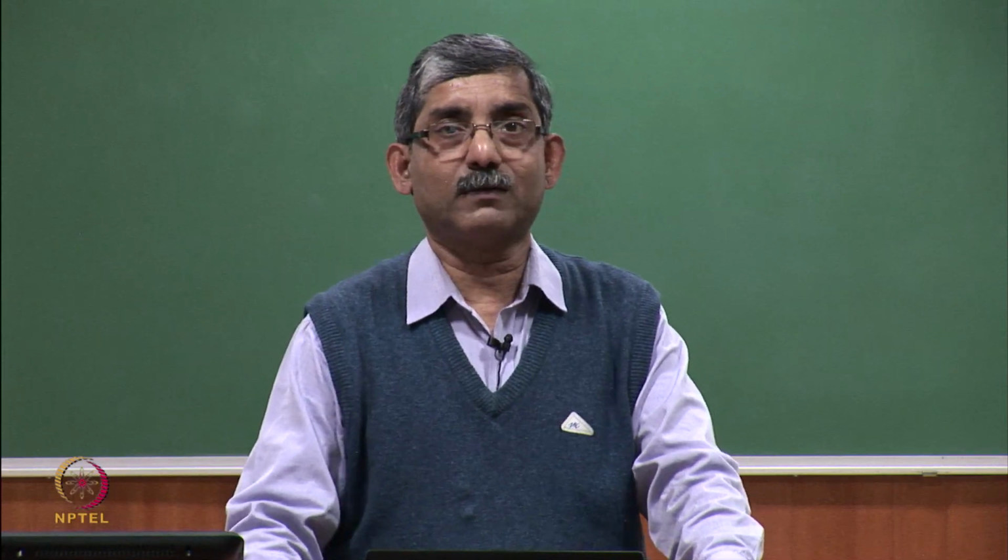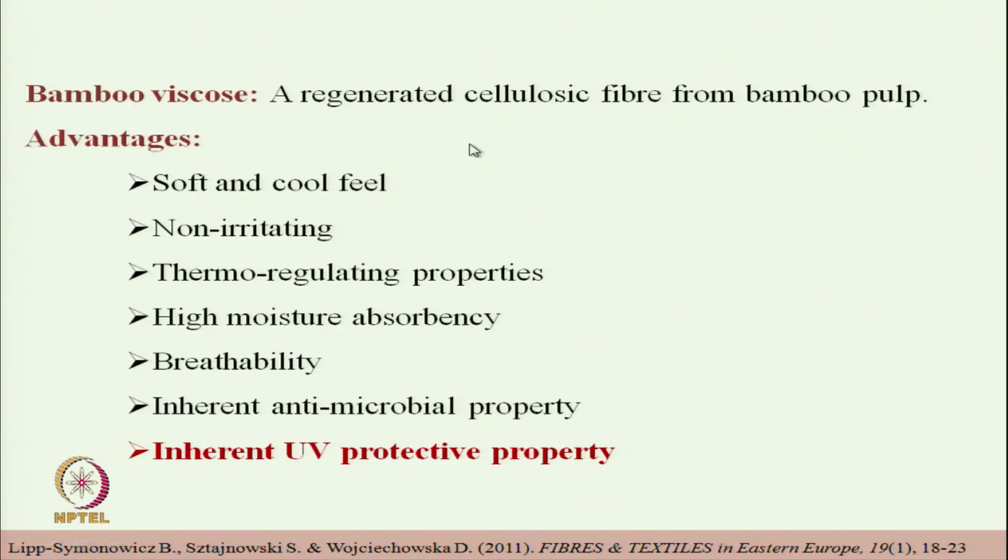It is reported that bamboo viscose has various positive characteristics: soft and cool feeling, non-irritating, thermoregulating properties, high moisture absorption, breathability, inherent antimicrobial properties, and most importantly inherent UV protective properties.